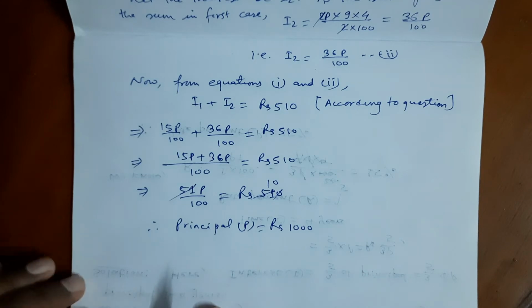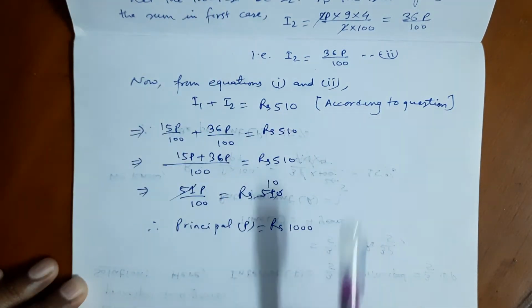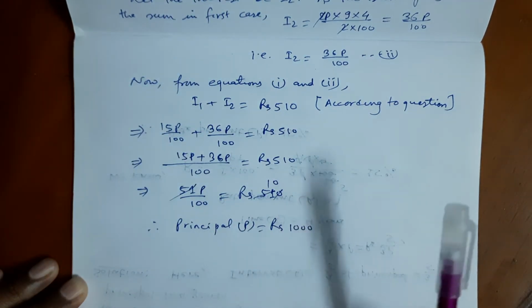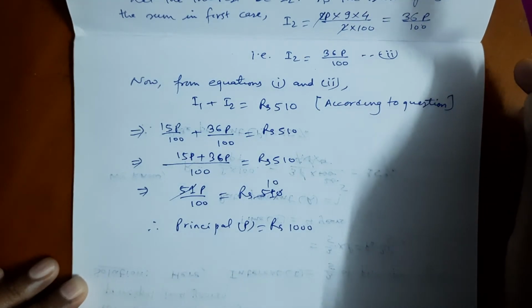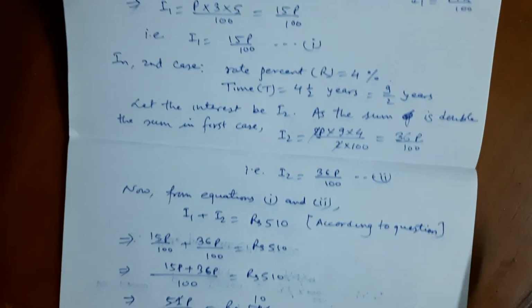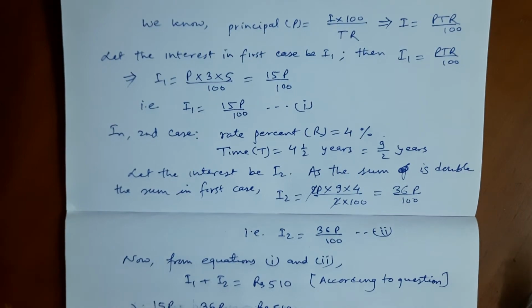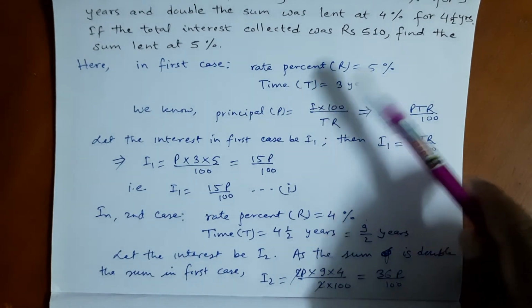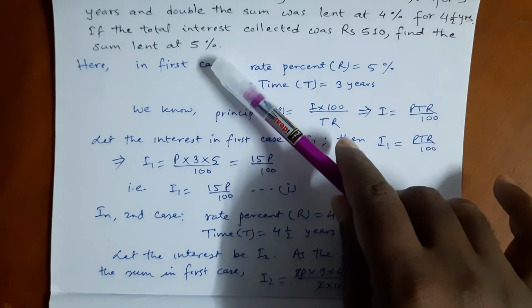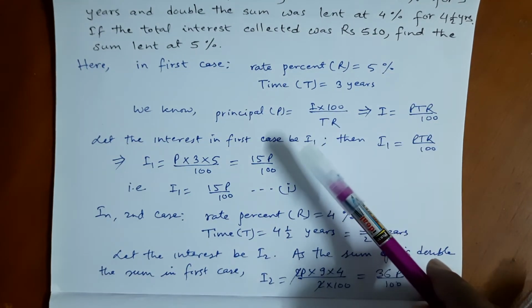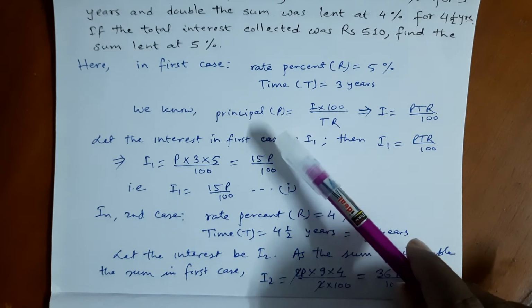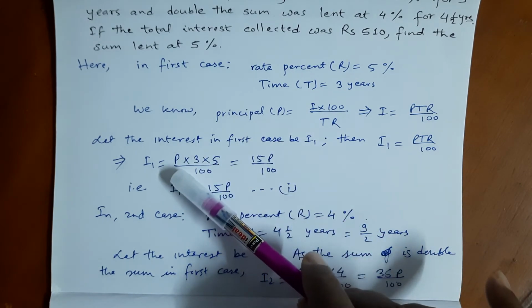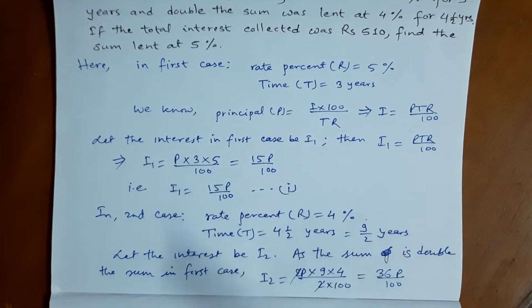So find the sum lent at 5%, it says. The sum lent at 5% is principal P. The question has asked to find the sum lent at 5%, which is principal P. This principal P is 1000 rupees.